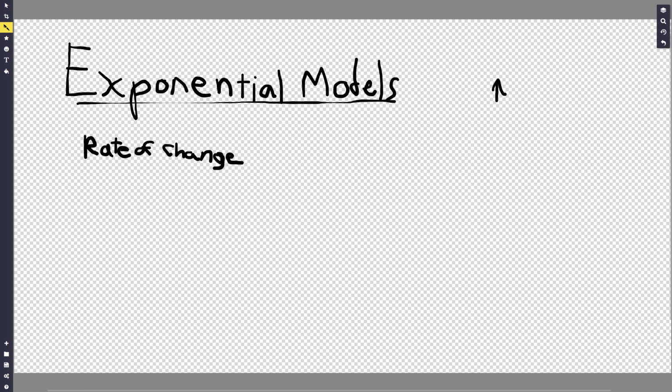If you were to graph these exponential models, instead of looking something like this, they may look something like this, okay? So they're not increasing by a constant rate, but instead at an exponential rate, okay? We'll talk about that in a second.